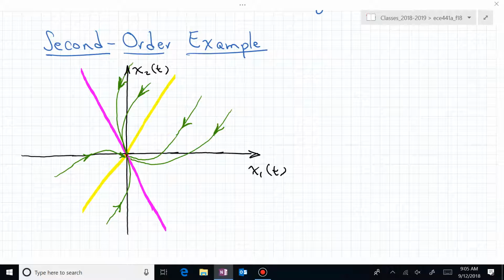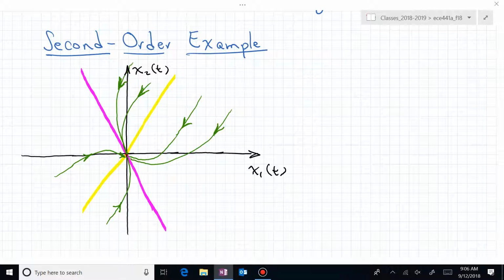This is showing you how you would naturally come back to that equilibrium condition, depending on where you are located in the phase plane being the x1, x2 plane. And in this case, since all of these trajectories are pointed towards the equilibrium condition, this is a stable equilibrium point.